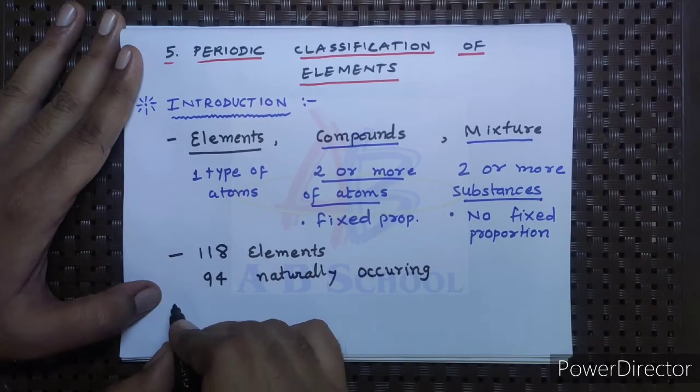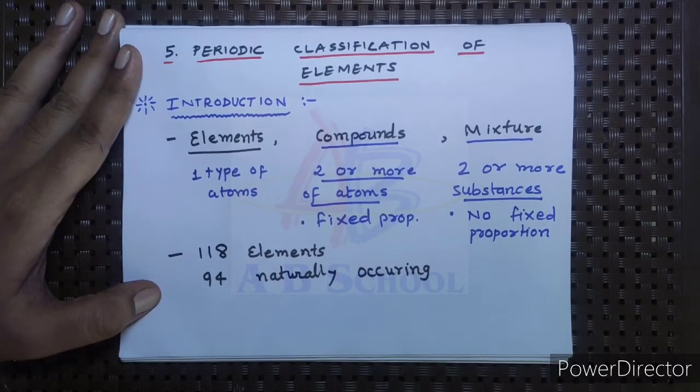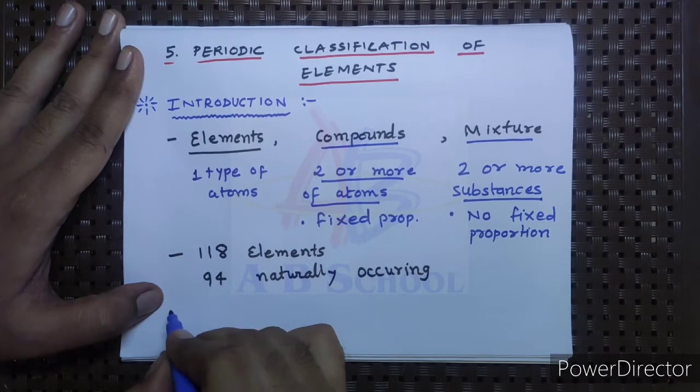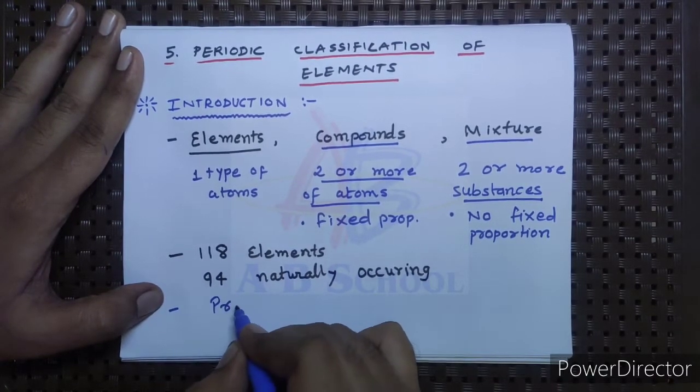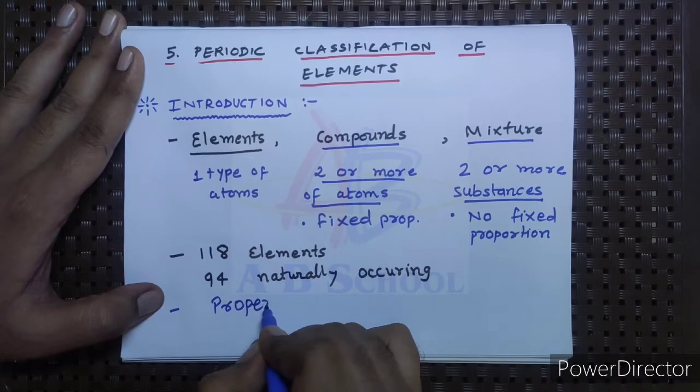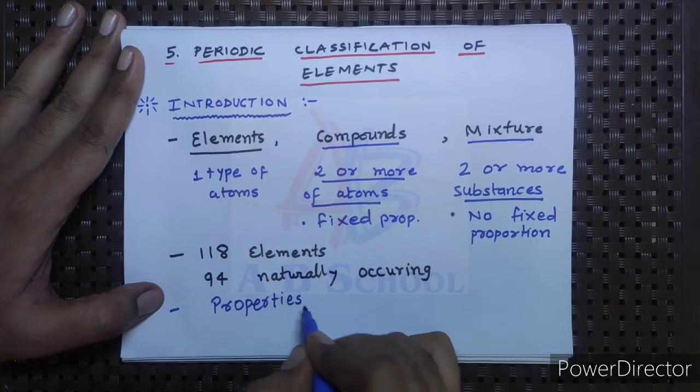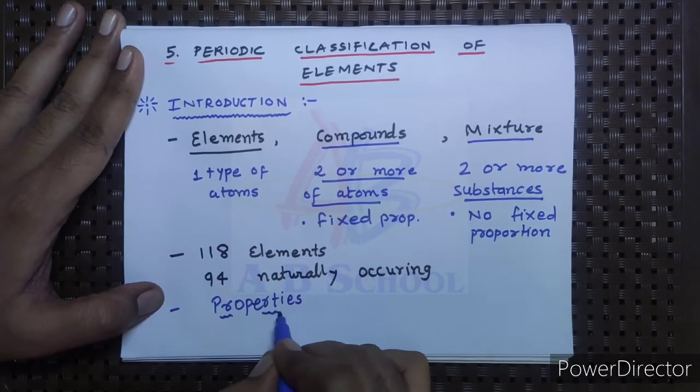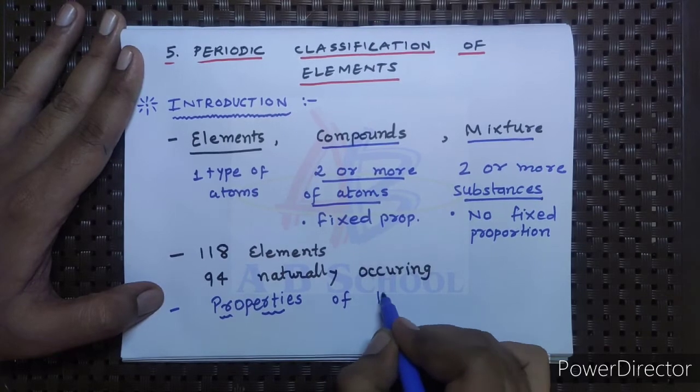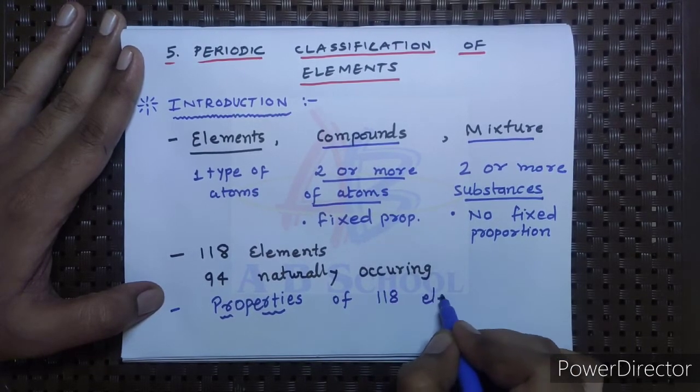Now you can understand that studying 118 elements and their properties would be a Himalayan task. Definitely, it would require a lot of time.